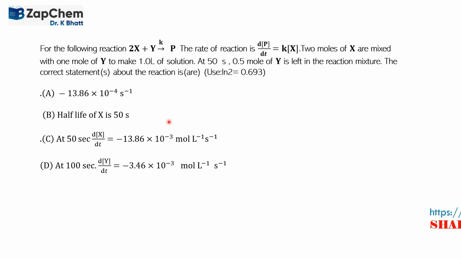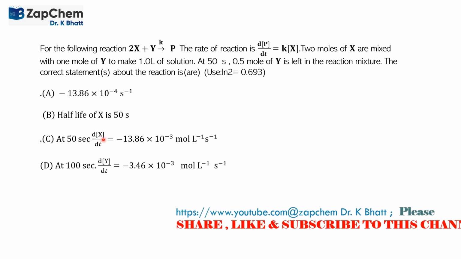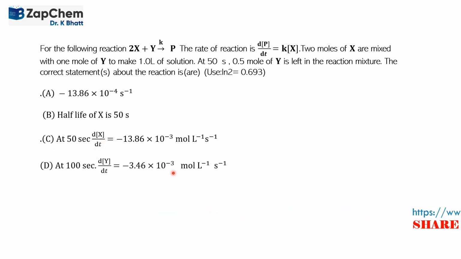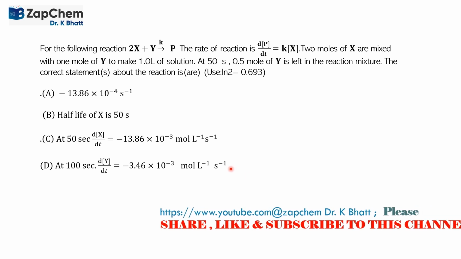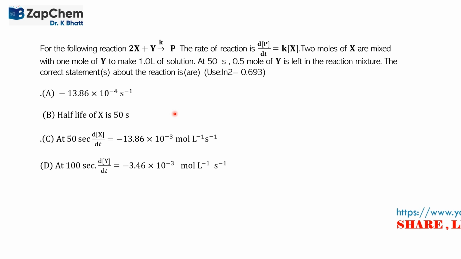In the second case, we have to find the half-life period. In option C, we have to find the concentration of X at 50 seconds, and at 100 seconds we have to find the concentration of Y correctly.